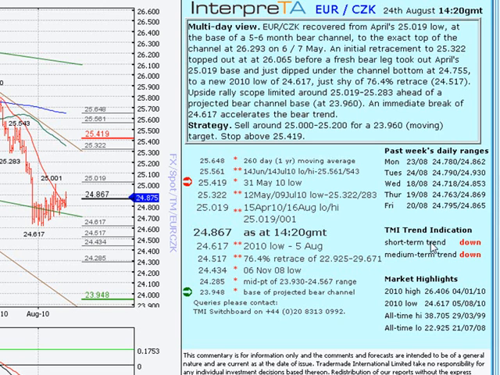The TMI trend indication here is a short and medium term trend prediction by the analyst, and both in this case are downward, because this is a reasonably strongly downward trending market. And then below that are market highlights, which show the highlights for more or less the last year or the current year. It varies a little bit during the course of the year. And then below that we have the all-time high and low experience for this market.